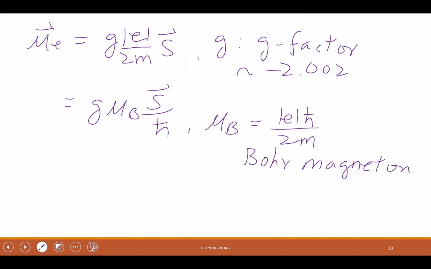And it's also related to its angular momentum through the gyromagnetic ratio, although the gyromagnetic ratio is not the same as the classical one. But the concept is exactly the same as the classical one. That's why it is called spin. Okay? Any questions?